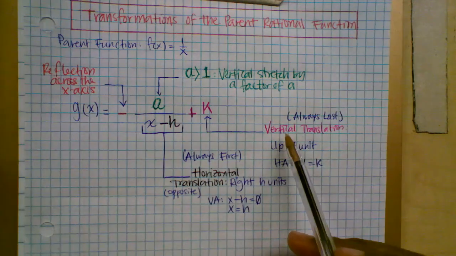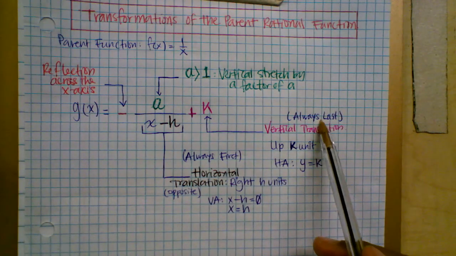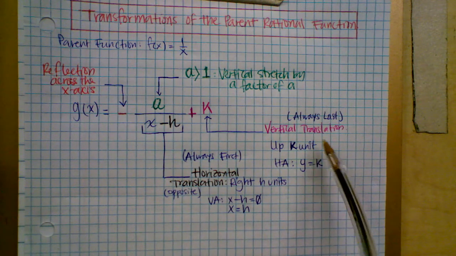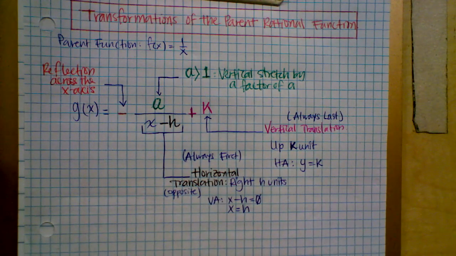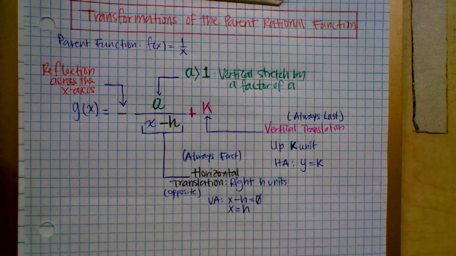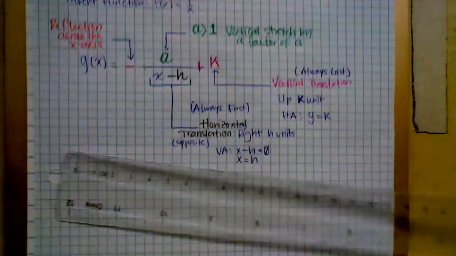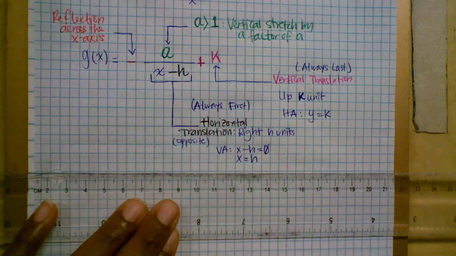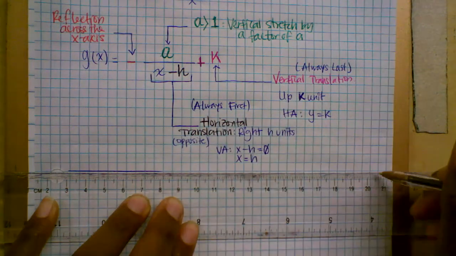Remember, the vertical translation is always last; you always want to describe it last, and the horizontal translation always comes first. Let me find an example so we can practice together. Let me start with the easiest example, and then you're going to do more advanced ones. You're going to describe the transformation here.